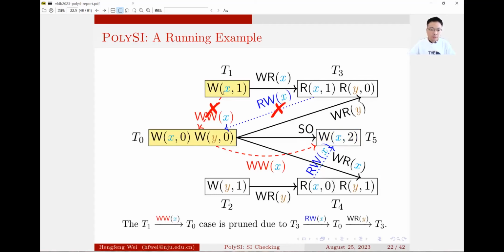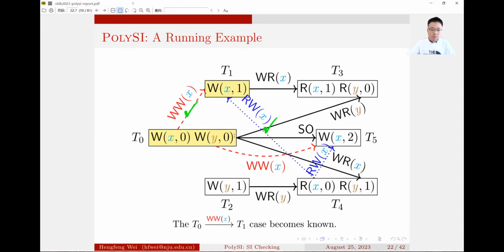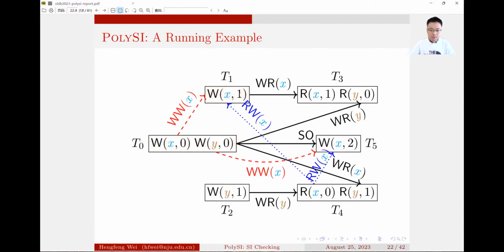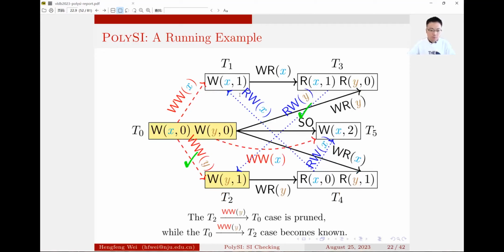Similarly, the WW dependency from T1 to T0 can be safely pruned due to this cycle. Therefore, the other direction becomes known. Also, the WW dependency from T2 to T0 can be pruned, while this direction becomes known.